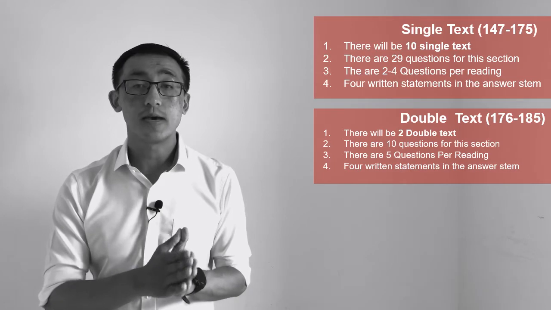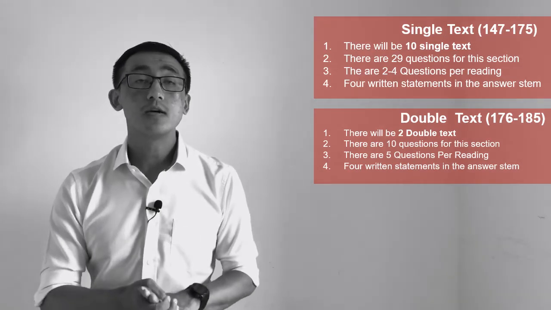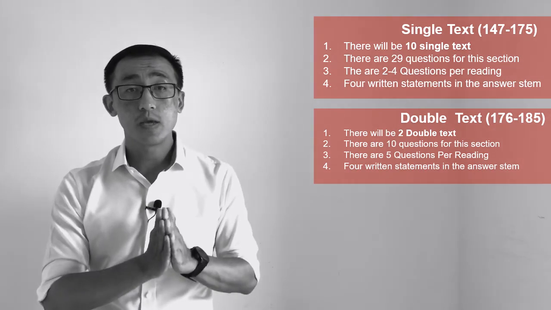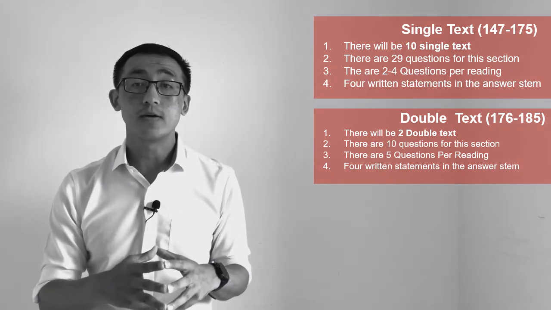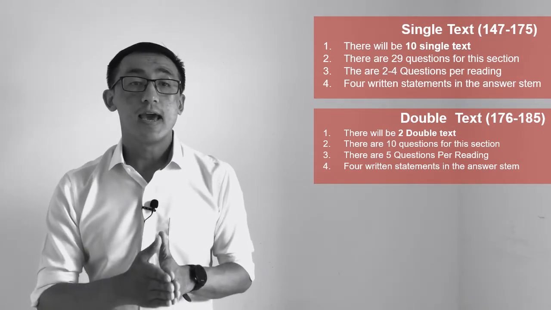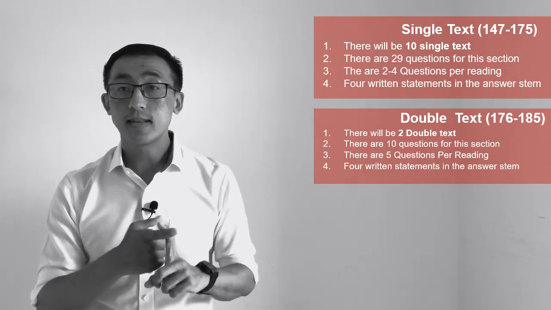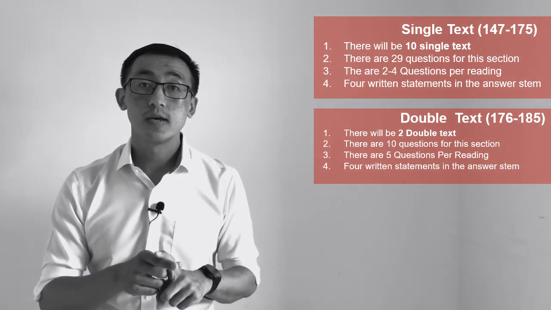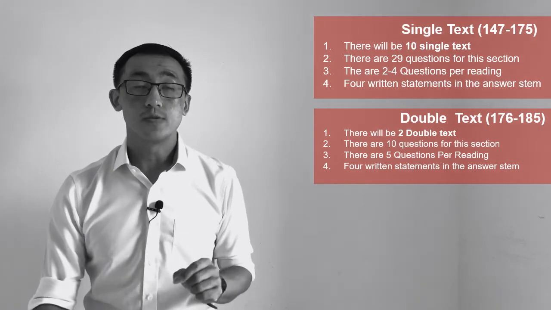For example, the first passage may be a letter requesting information about an event, and the second a schedule for the event. At least one question requires you to use information from both passages to identify the correct answer option.